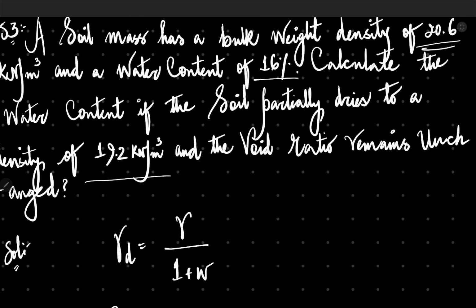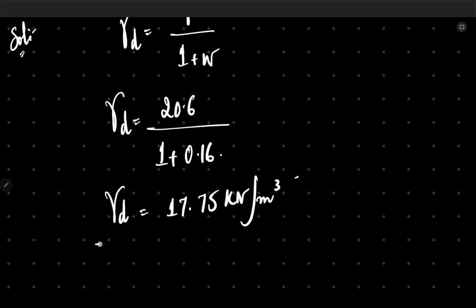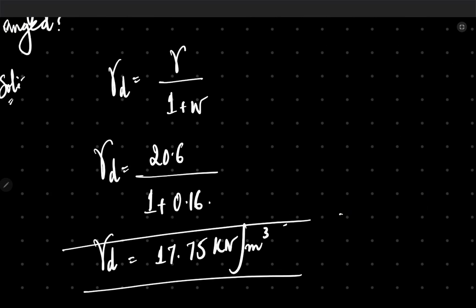It is 16%, that means 0.16. So this becomes 17.75 kilonewton per cubic meter. Dry weight density becomes 17.75 kilonewton per cubic meter.